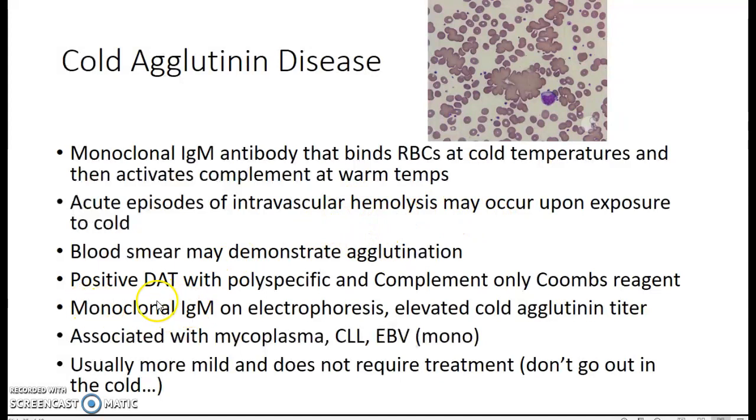You can see a monoclonal IgM if you do an electrophoresis, like an SPEP. A cold agglutinin titer is another lab you can send out. It's associated with the M's: IgM, mycoplasma, mono. It tends to be more mild and not as severe an anemia as your warm autoimmune.